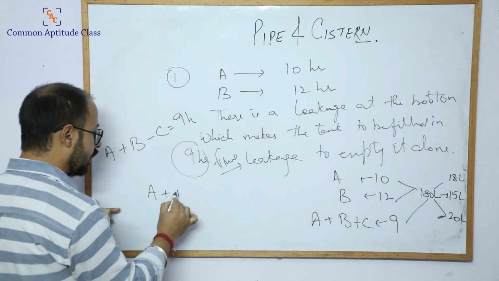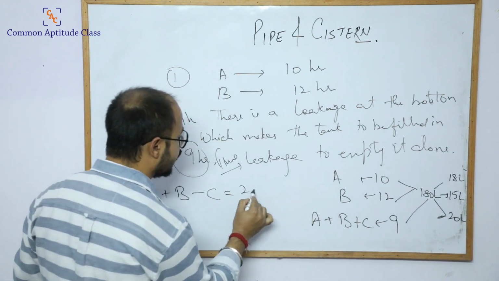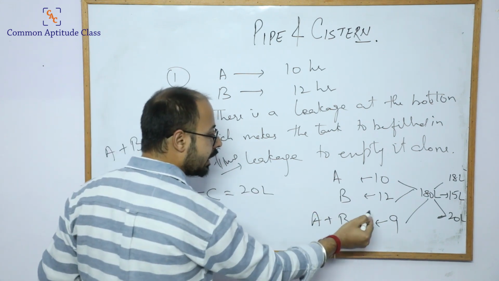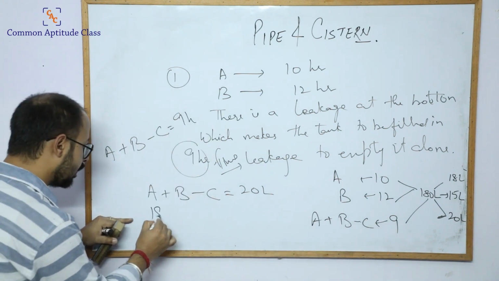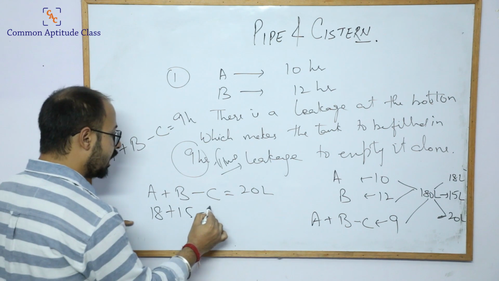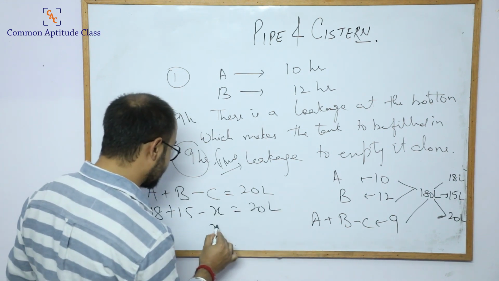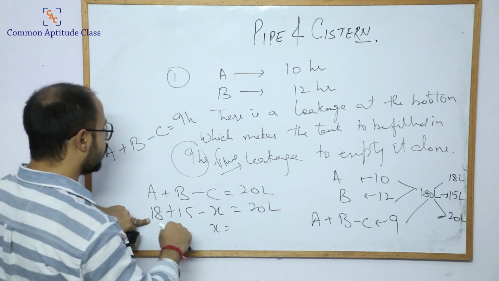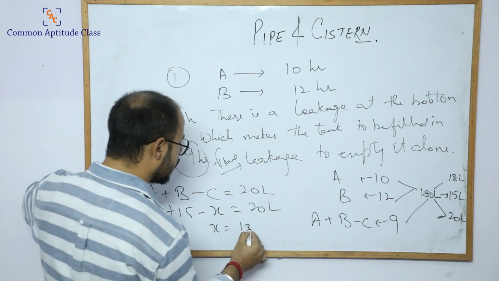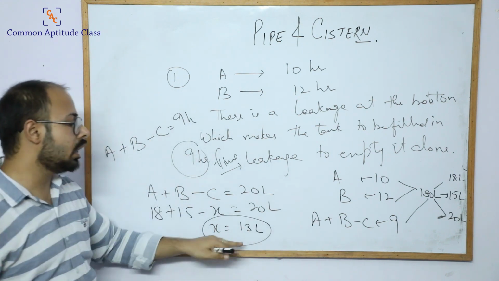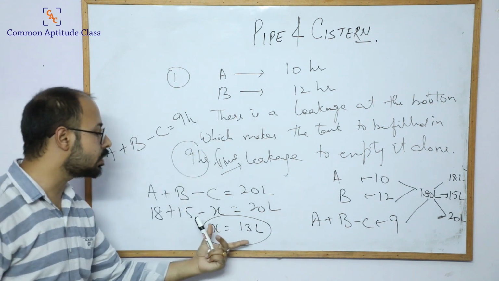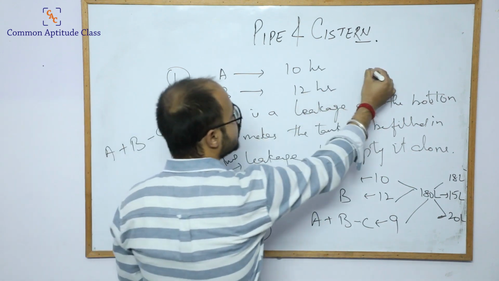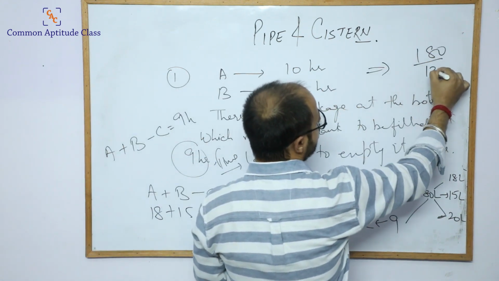Now A plus B minus C is equal to 20 liters. So A fills 18, B fills 15, C removes X; find the value of X. 18 plus 15 is 33, minus 20 is 13 liters. So leakage removes 13 liters per hour, to remove 180 liters. What is the time taken by the leakage? That is 180 upon 13 hours.